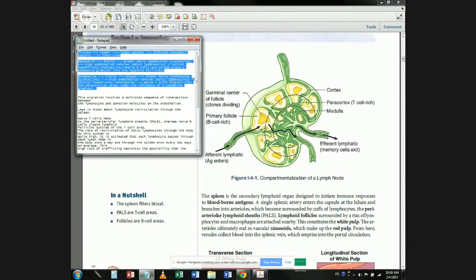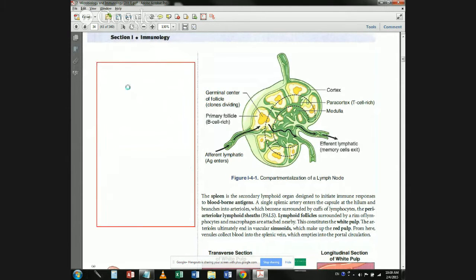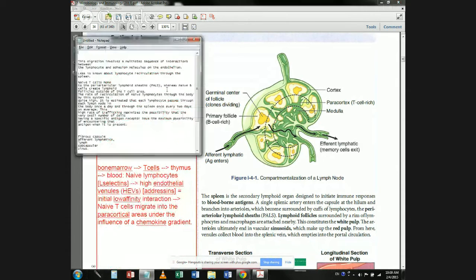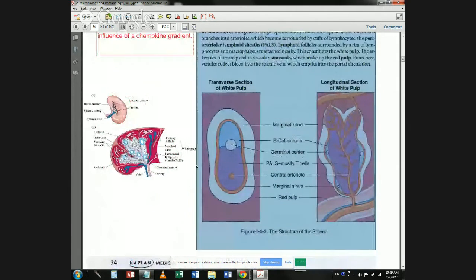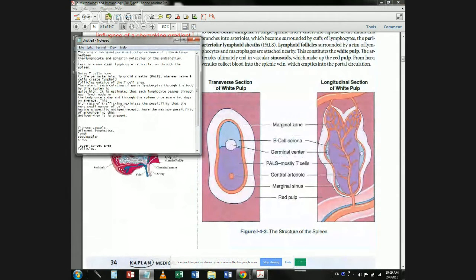So now let's talk about the spleen. Let's go down to the spleen. There we have the spleen. Less is known about lymphocyte recirculation through the spleen.